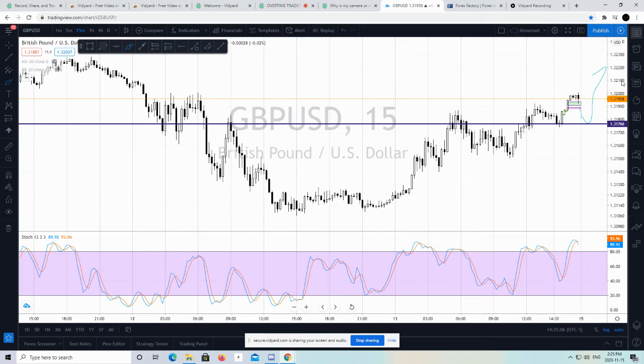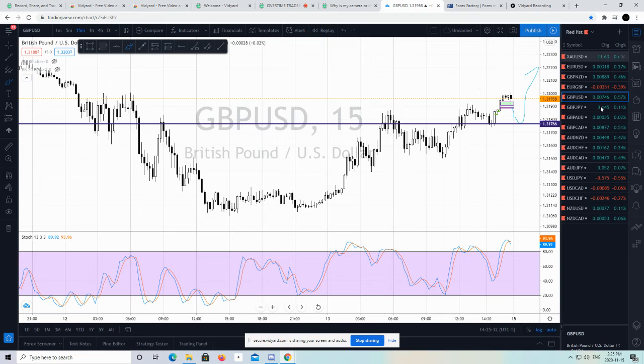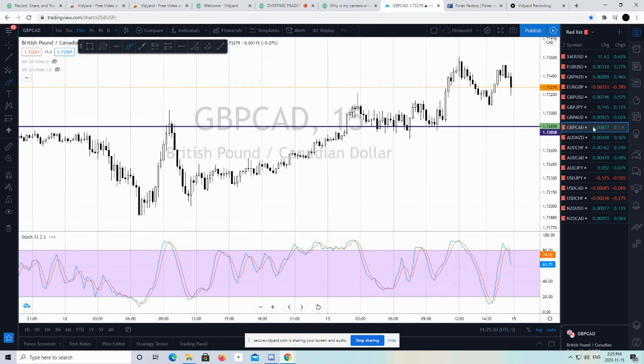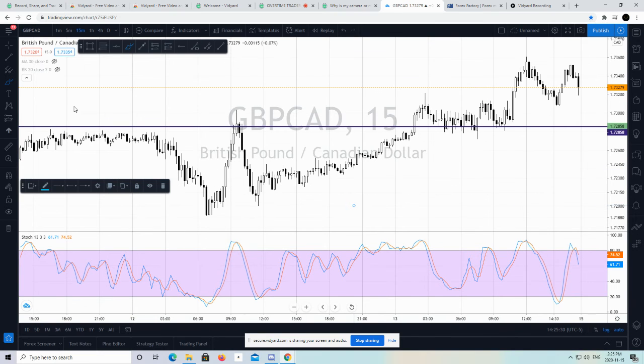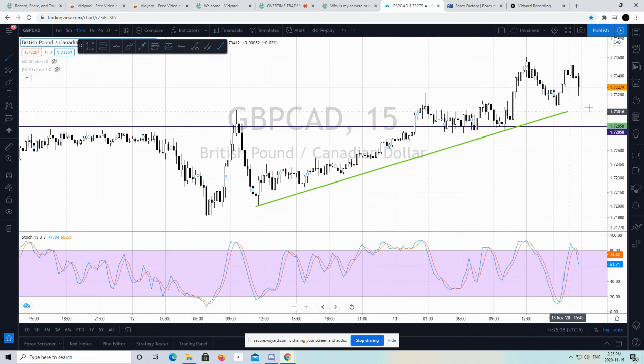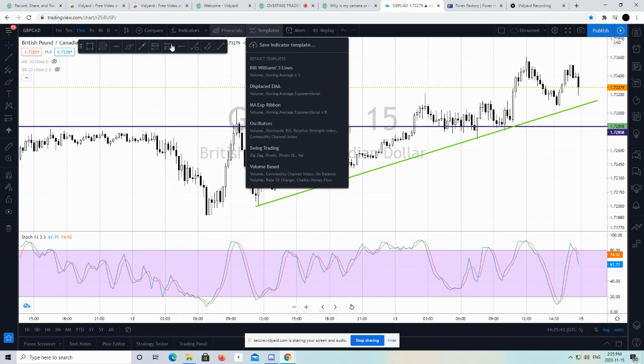There's also another pair that I was looking at, GBPCAD. It was the same thing. We're definitely bullish on GCAD. Look at this trend. That's a nice trend right there.